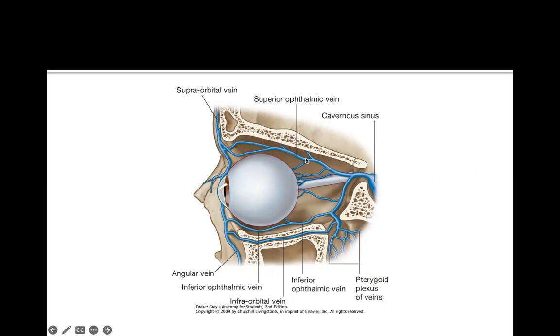But when you look at where these ophthalmic veins are draining towards, they are draining towards this cavernous sinus. See? The cavernous sinus. So we have introduced another term, cavernous sinus. Then you have the inferior ophthalmic vein also through there.